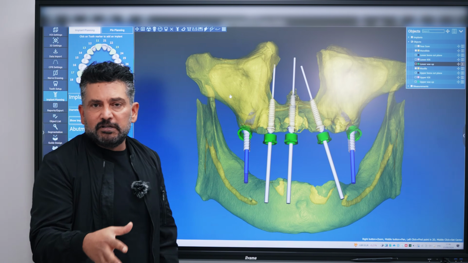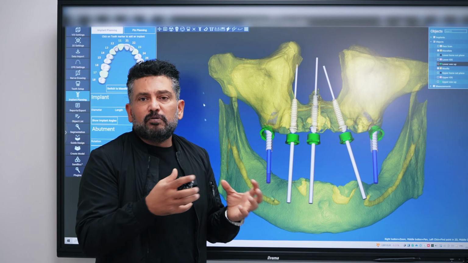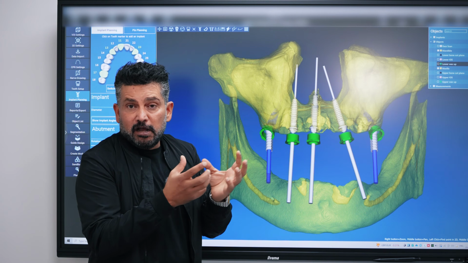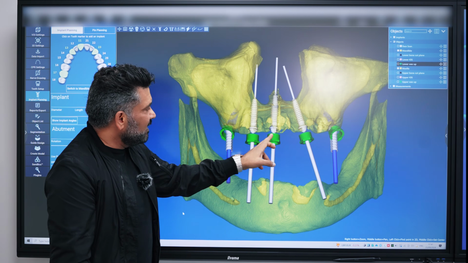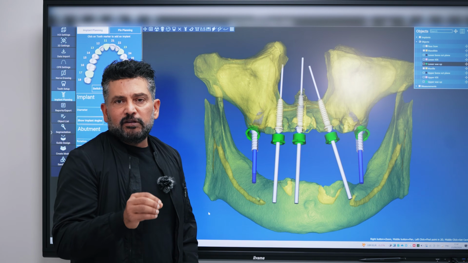Once I've planned the positions, I can 3D print in our bioengineering division a guide that will fit you perfectly. I can deliver those implants to within 100 micron accuracy of where I've planned. When you have the surgical procedure, you will have specifically made 3D printed guides, which will guide your implants to the perfect positions that we planned.